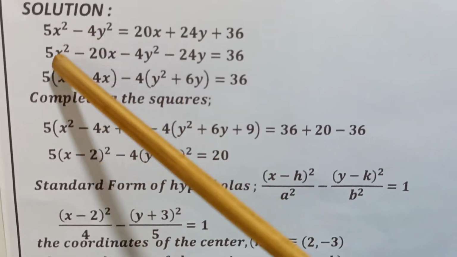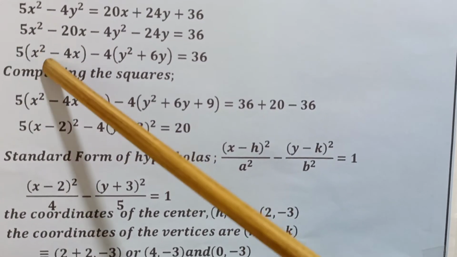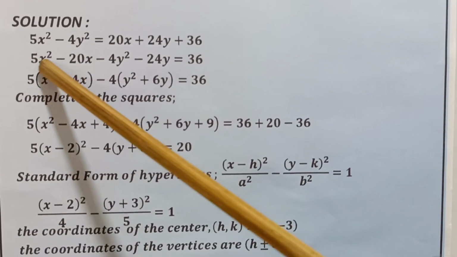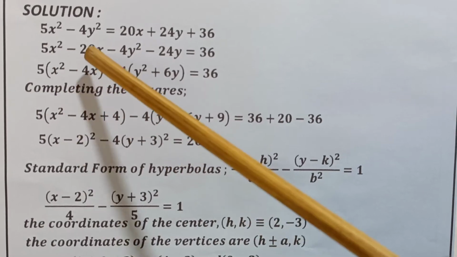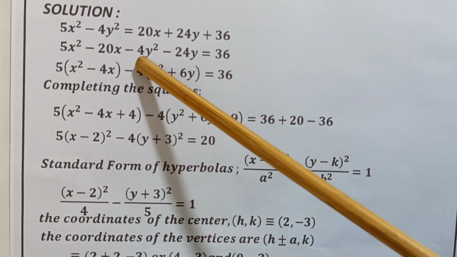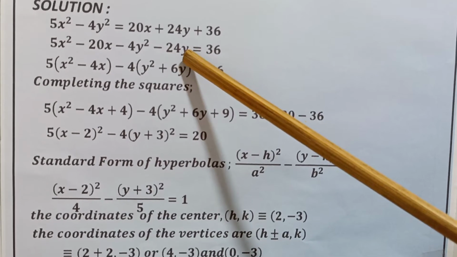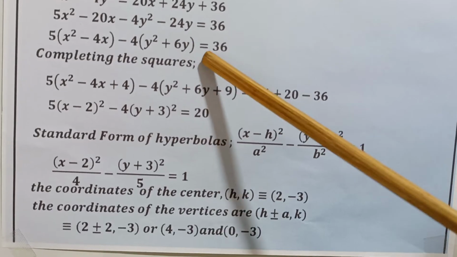We factor out 5 for the x variables: 5 times quantity x squared minus 4x, minus, we factor out 4 for the y variables, 4 times quantity y squared plus 6y is equal to 36.